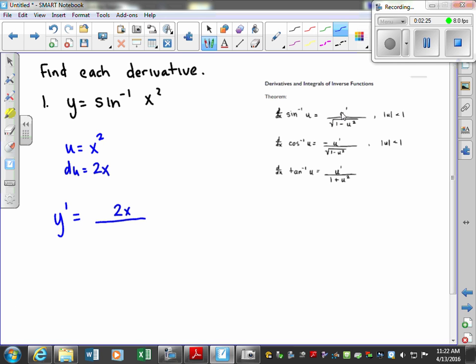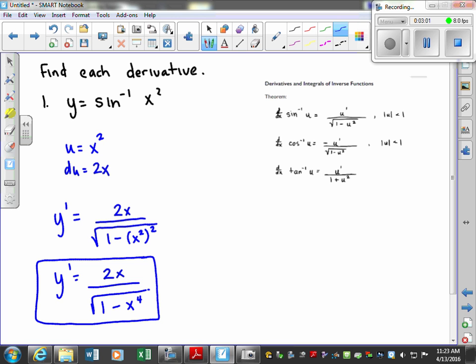Then I'll have the square root of 1, the 1 is just a 1, minus, now what would u squared be? u is x squared, so I'm going to write u and then square that. Let's simplify. 2x over the square root of 1 minus, what's x squared squared? Just x to the 4th. And that's going to be our first derivative.